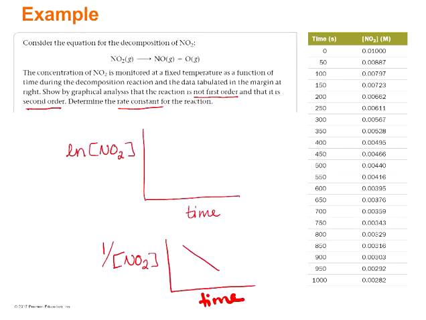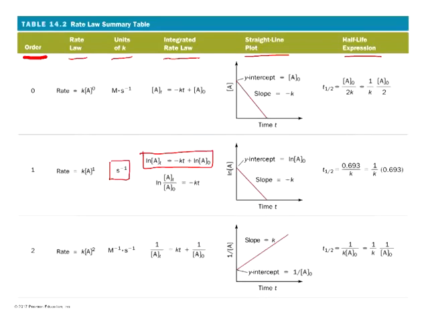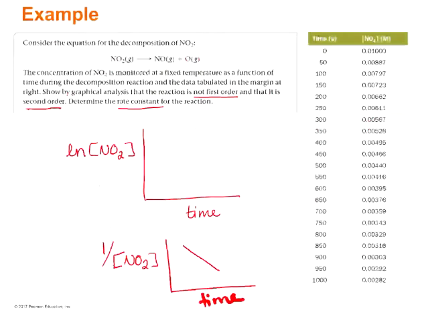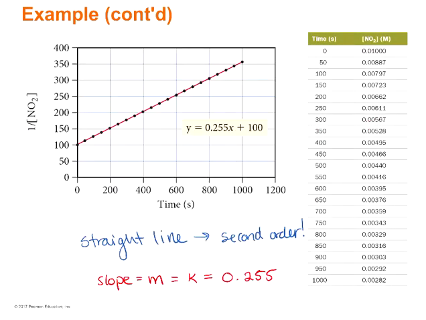Let's actually go back to our summary table, and for a second order reaction, the units are inverse moles per liter times inverse seconds. All right, so we can write that next to our rate constant. All right, so you can also use what we know about these different orders of reaction to prove that something is not a particular order as well.